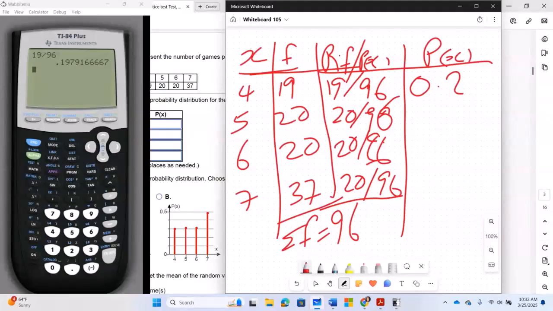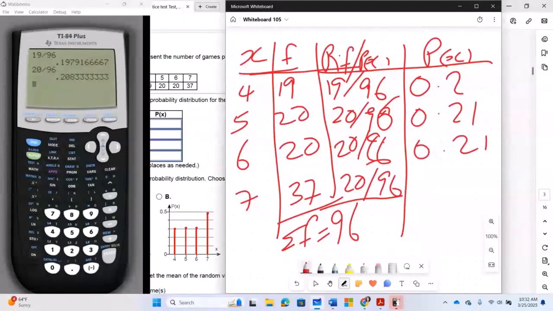Okay, let's go to the next one. 20 divided by 96. And I have 0.21. The next one is the same, so it's going to be 0.21 again.